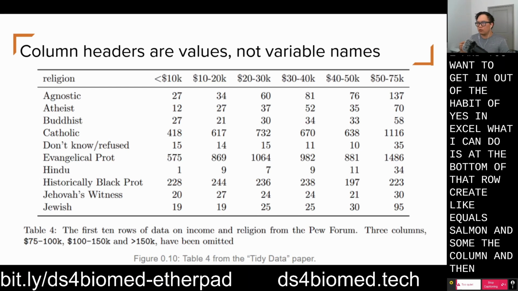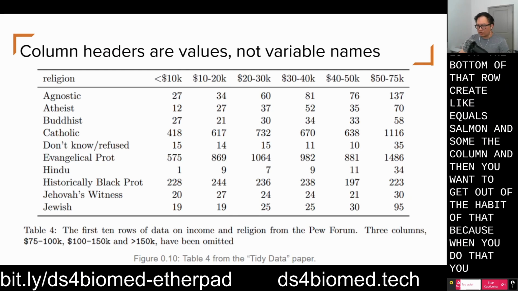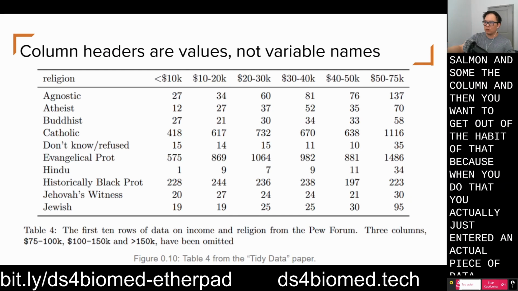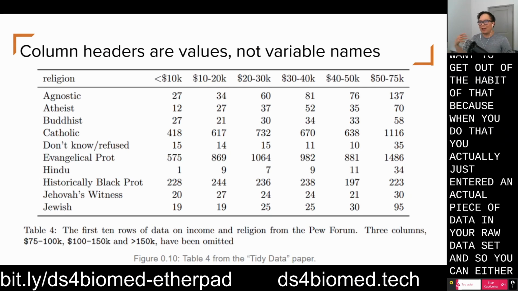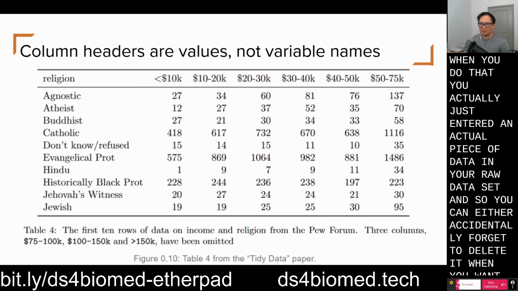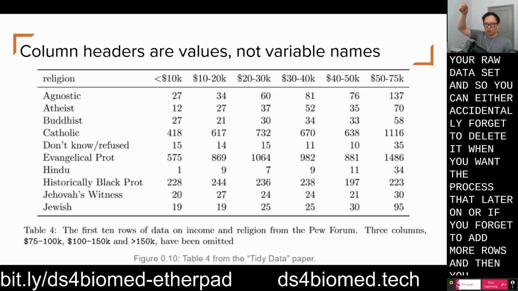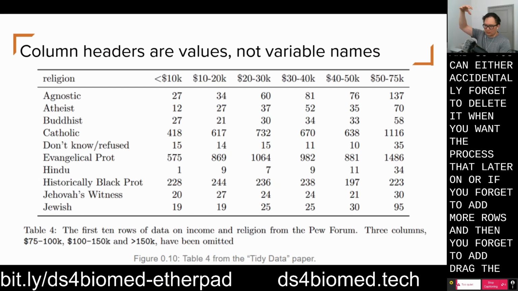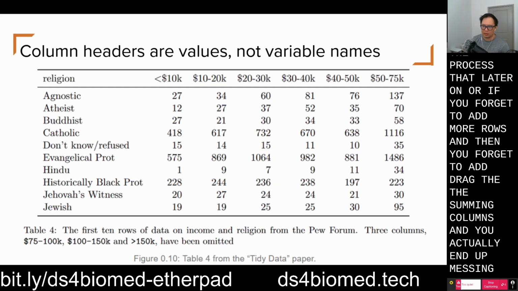You want to get out of that habit, because when you do that, you actually just entered a piece of data in your raw data set. You can either accidentally forget to delete it when you process it later on, or you add more rows and forget to drag the summing columns, and you end up missing bits.